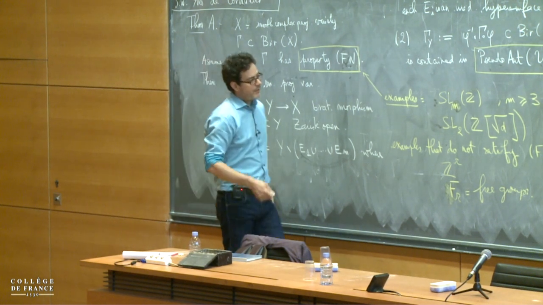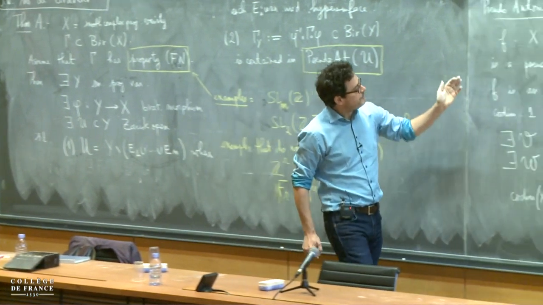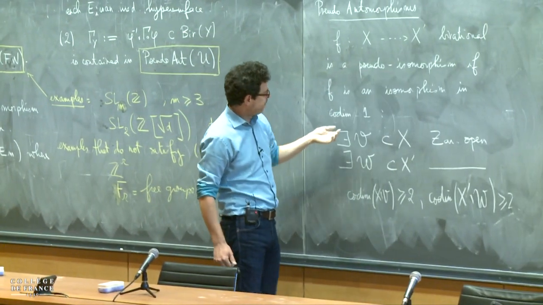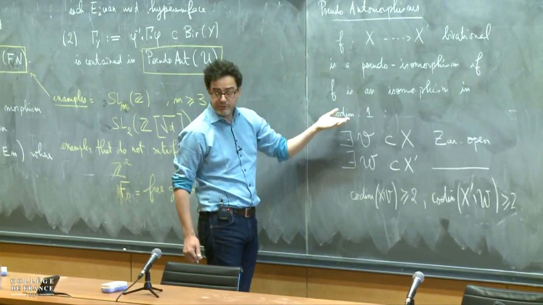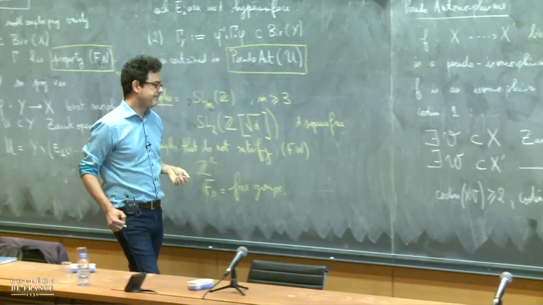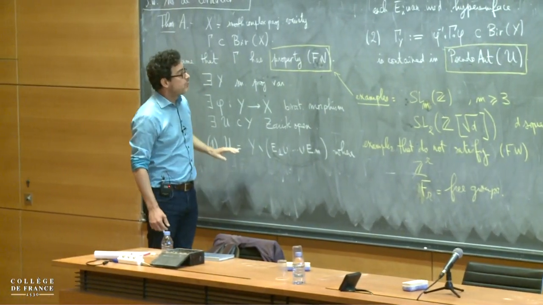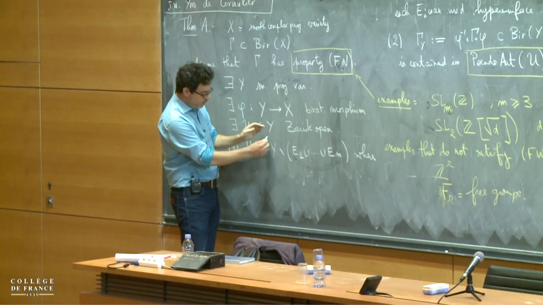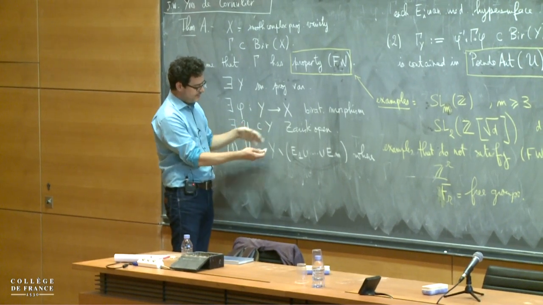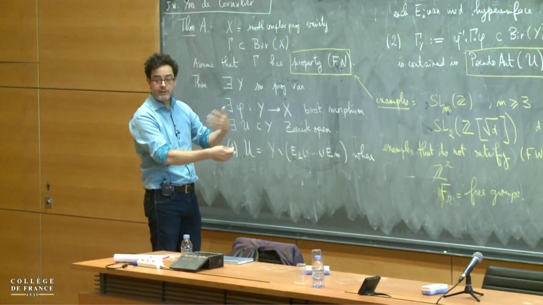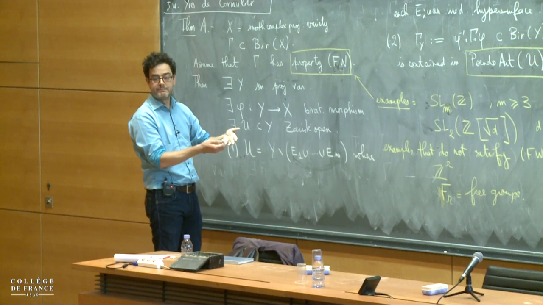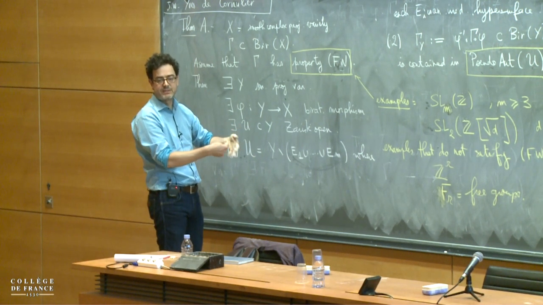And then the fact that pseudo-automorphisms are isomorphisms in codimension 1 implies that the group of pseudo-automorphisms of Y acts linearly on the Néron-Severi group of Y. So the action on the Néron-Severi group is nice.